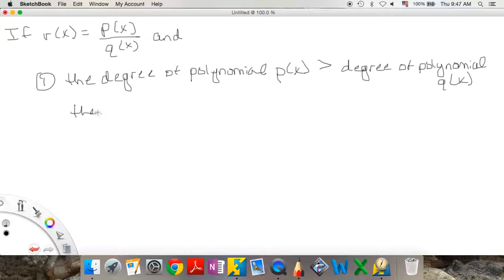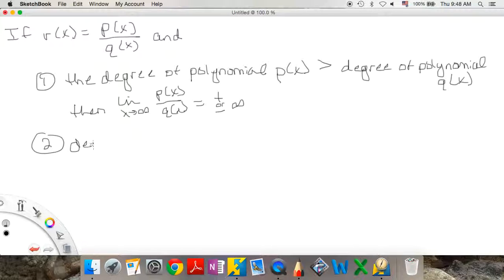Then you have the limit as x goes to infinity of this rational function is equal to plus or minus infinity. Okay, now that's not really an answer. Technically speaking, that means the limit doesn't exist. But we'll put positive or negative infinity because that gives us an idea of their end behavior.